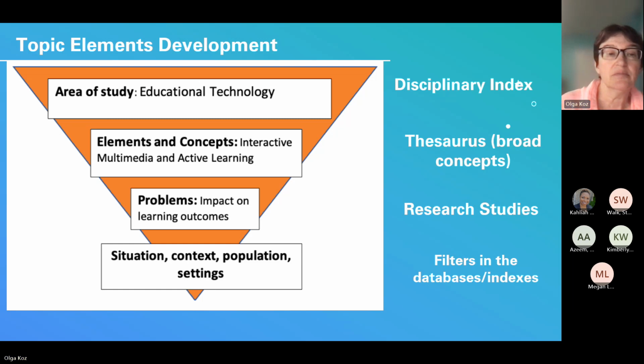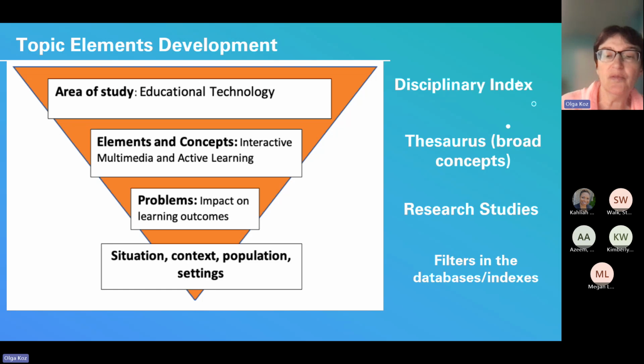Please work your way from the bottom of the pyramid. It's a reverse pyramid, an upside down one, to the bottom. Consult with indexes. I will show you where to find them. Check the thesaurus. Again, it's part of the indexes.